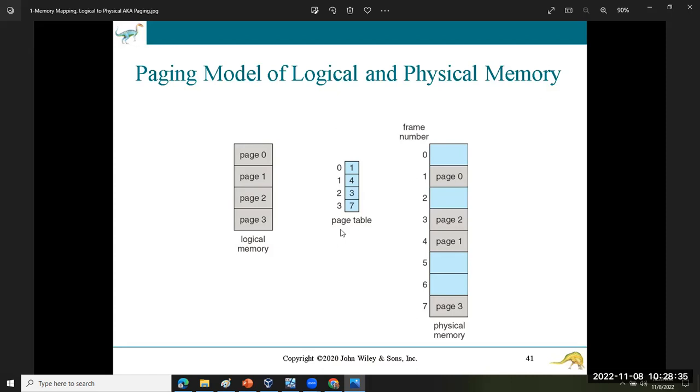What does PCB stand for in process management? It was just a couple of weeks ago. Say again? The process control block. Yes, thank you, Luke.